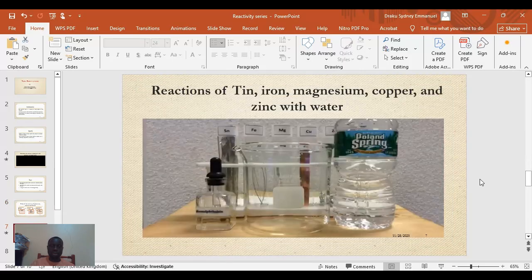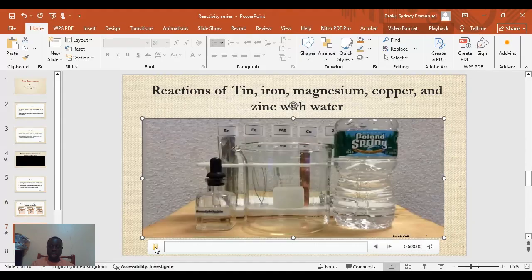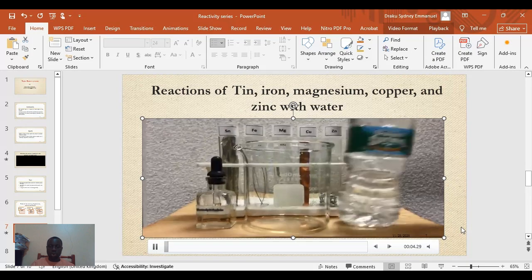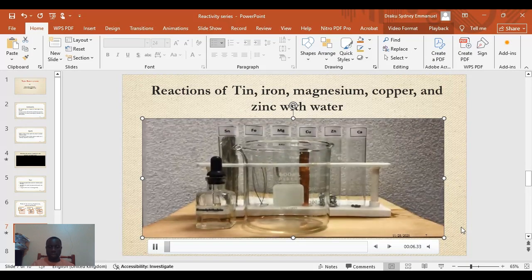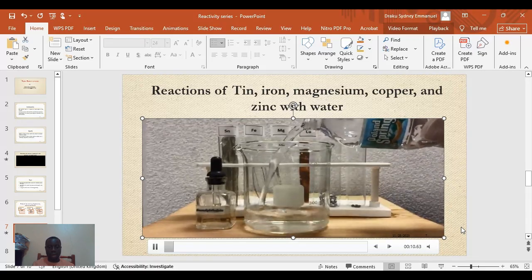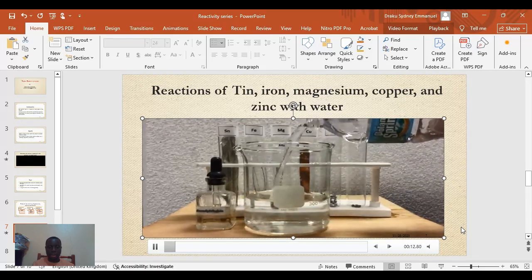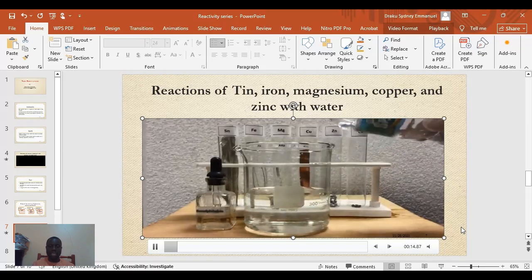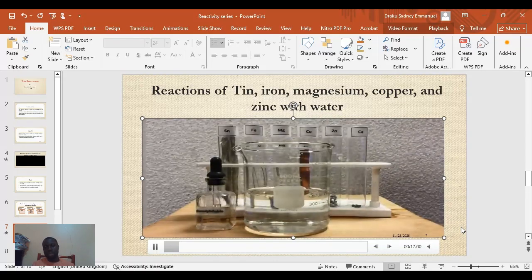Here is another reaction between tin, iron, magnesium, copper, zinc, and calcium with water. Please pay attention to this. We are reacting them with water so that we can also make these observations. In our water, we are adding phenolphthalein, an indicator, so that we can make the observations.